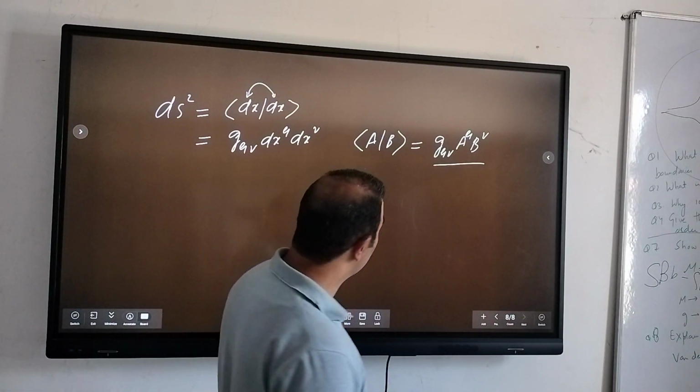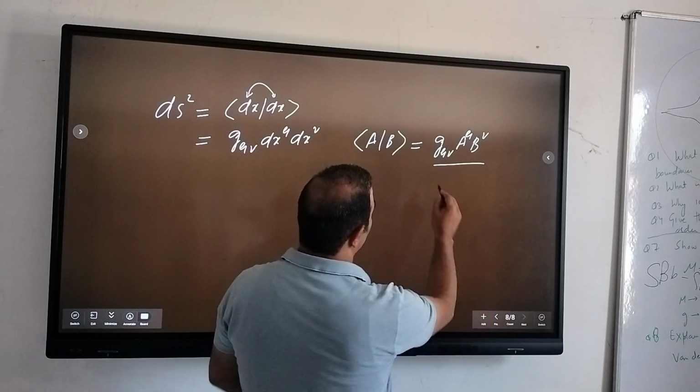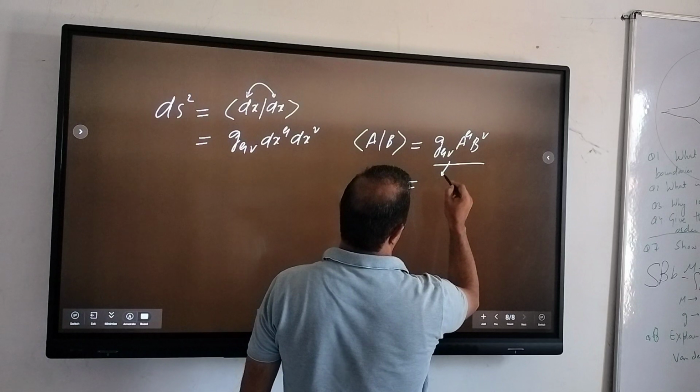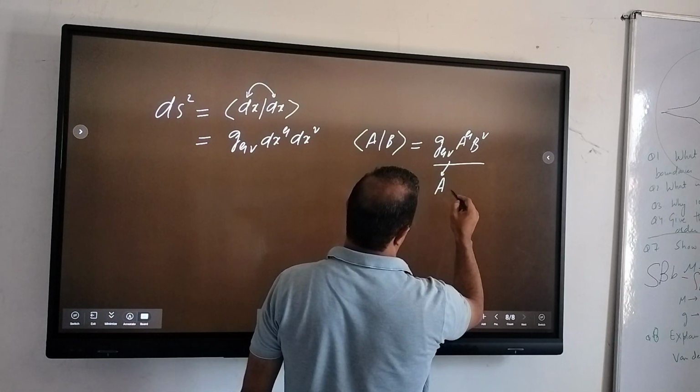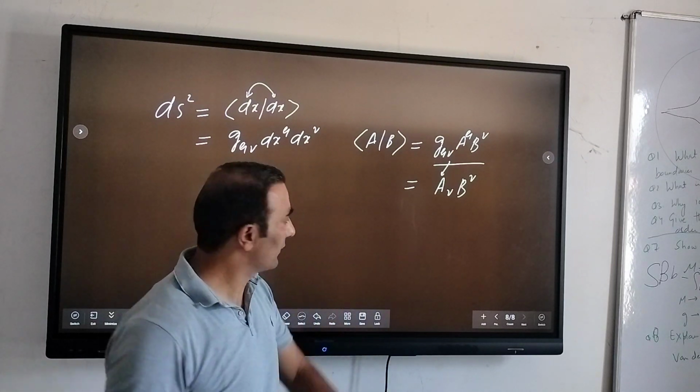Or you can take the contraction, because this term gives you a mu b, right? So you can write it this way also.